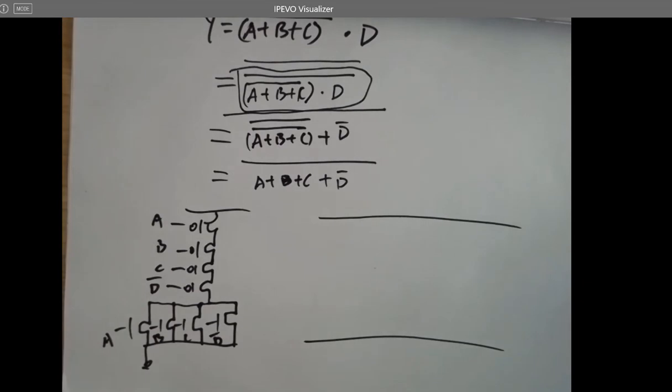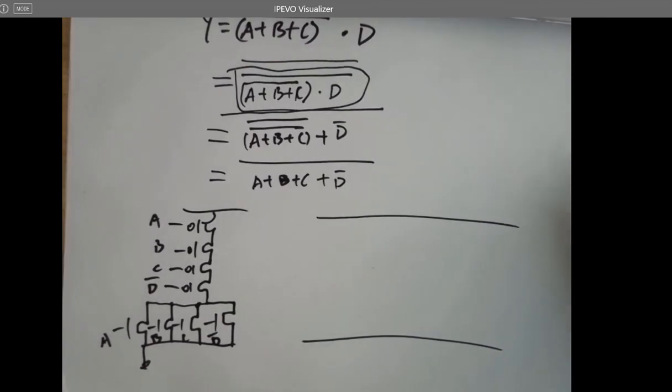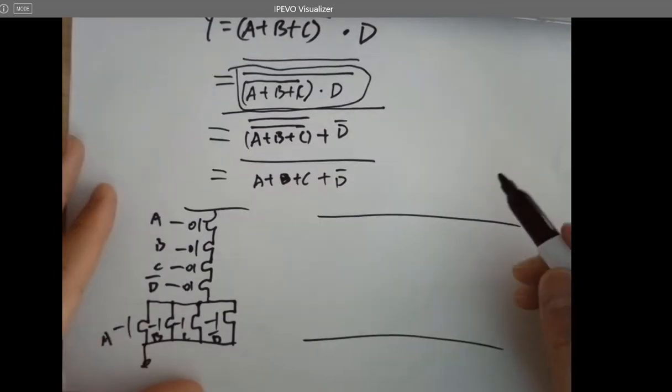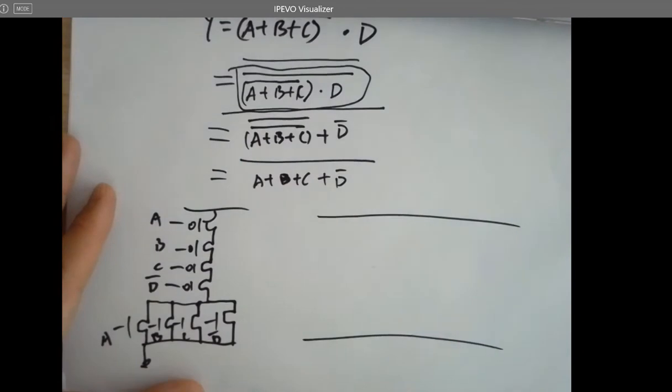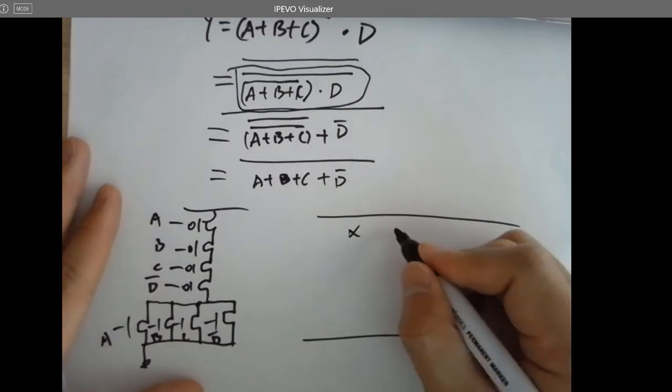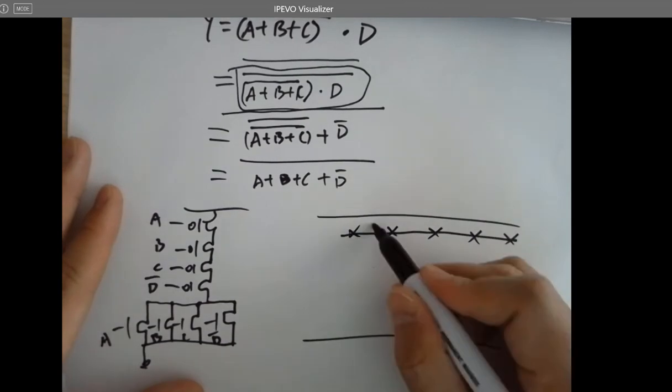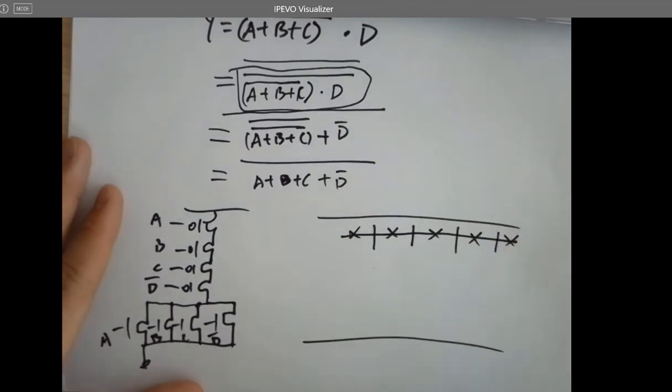Before you start laying out anything in Electric VLSI, do the stick diagram first. How many PMOS are on the top? That's pretty easy, right? Just 4 PMOS in series on the top. One, two, three, four.